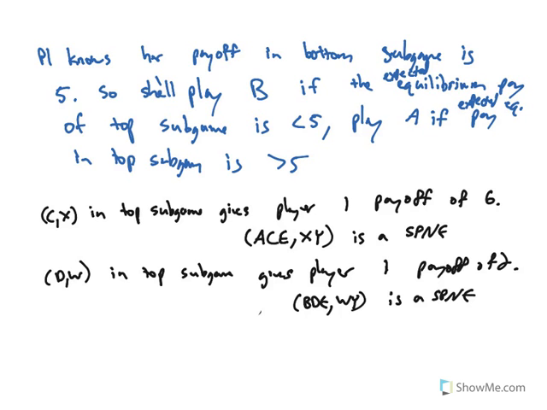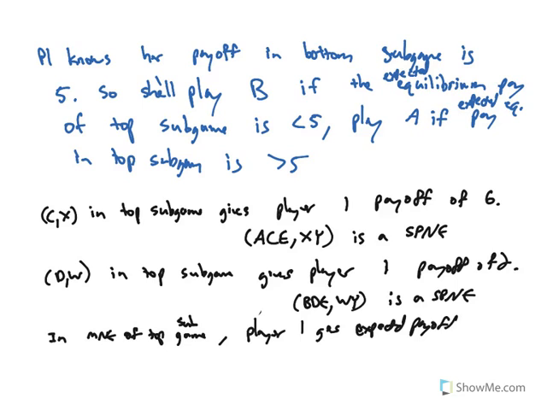So in the mixed strategy Nash equilibrium of the top subgame, player 1 gets an expected payoff of 3, which is going to make her play the bottom.